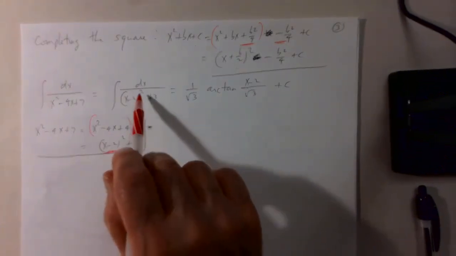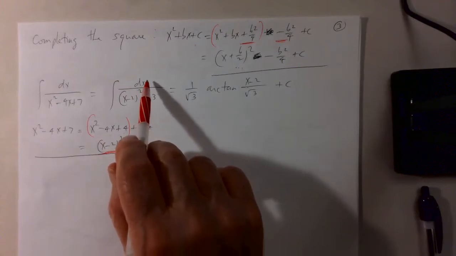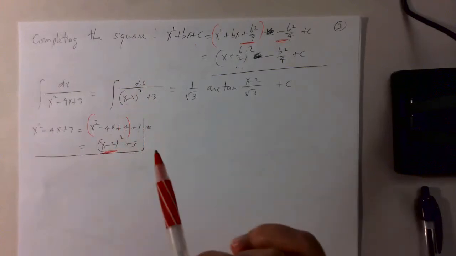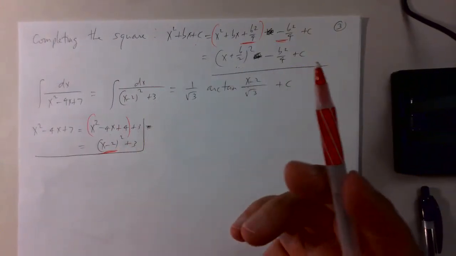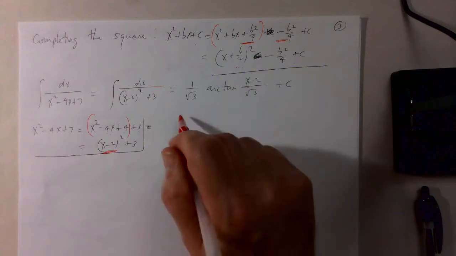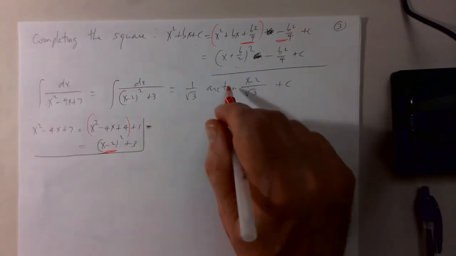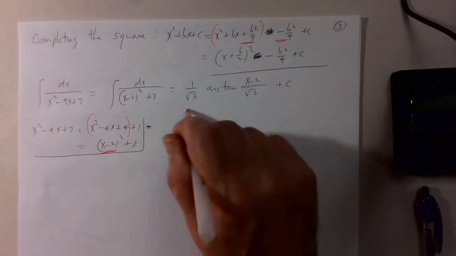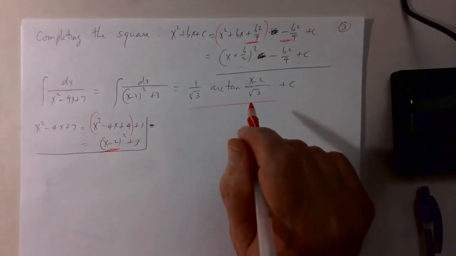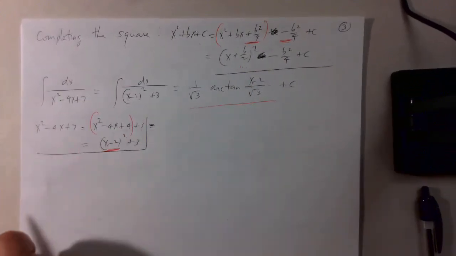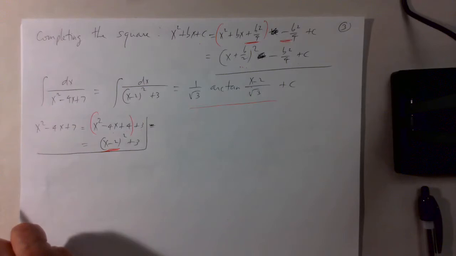So this is equal to the integral of 1 over x minus 2 squared plus 3. That's exactly the arctangent, well, 1 over root 3. 3 is root 3 squared. Arctangent x minus 2 over root 3. So that's a nice example of completing the square.